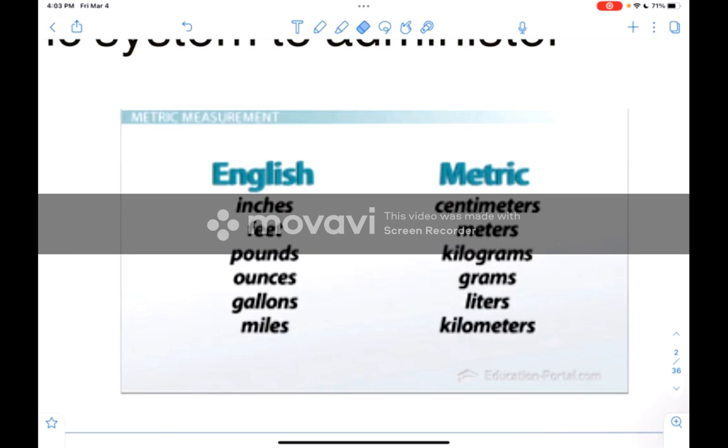Liquids we measure out in cups, quarts, gallons, but in the metric system, we use liters and milliliters. And then we measure distance in miles, and on our car we have miles per hour to calculate our speed. In the metric system, we use kilometers.